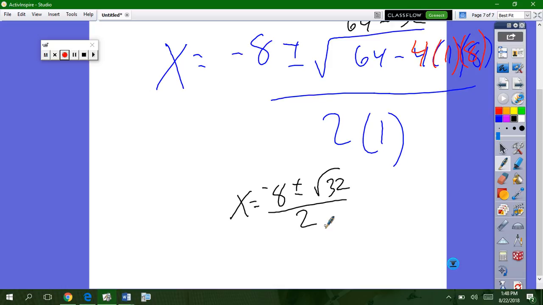Is that the same? It is, in a way. Just not simplified, right? Because how can I break down 32? What's in 32? Okay, 8 and 4, which is 2 and 4.